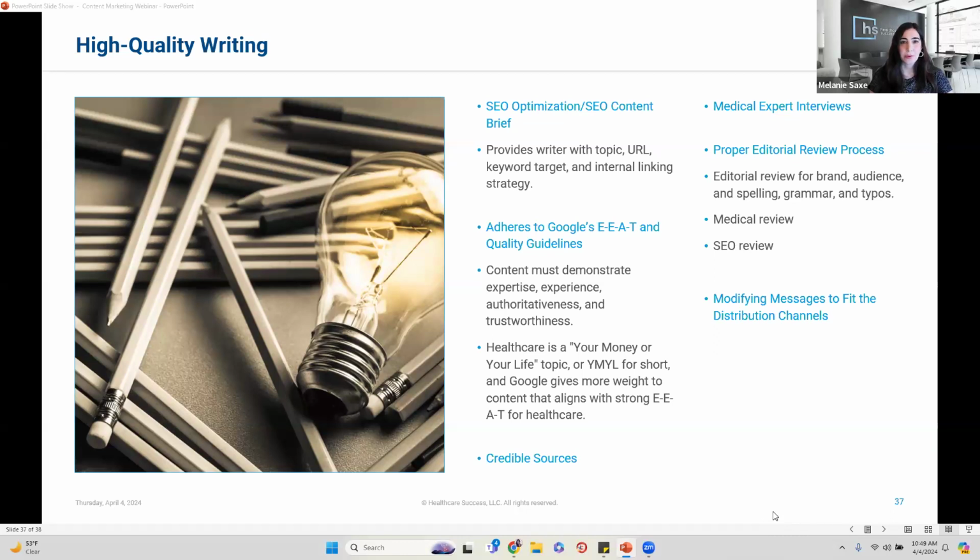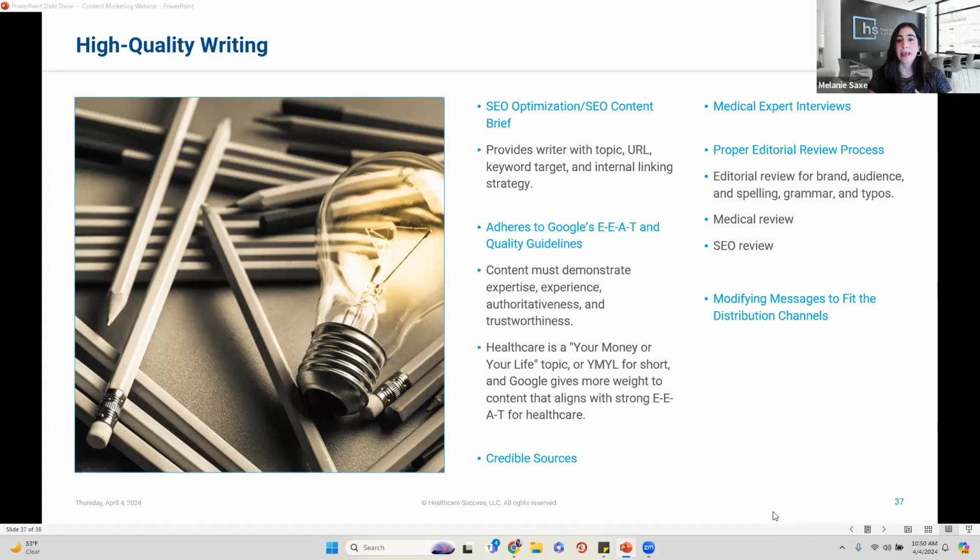And what that means is we have a bigger lens, a magnifying glass on our content. People rely on this information and we can't compromise, and it must demonstrate expertise, experience, authoritativeness, and trustworthiness.